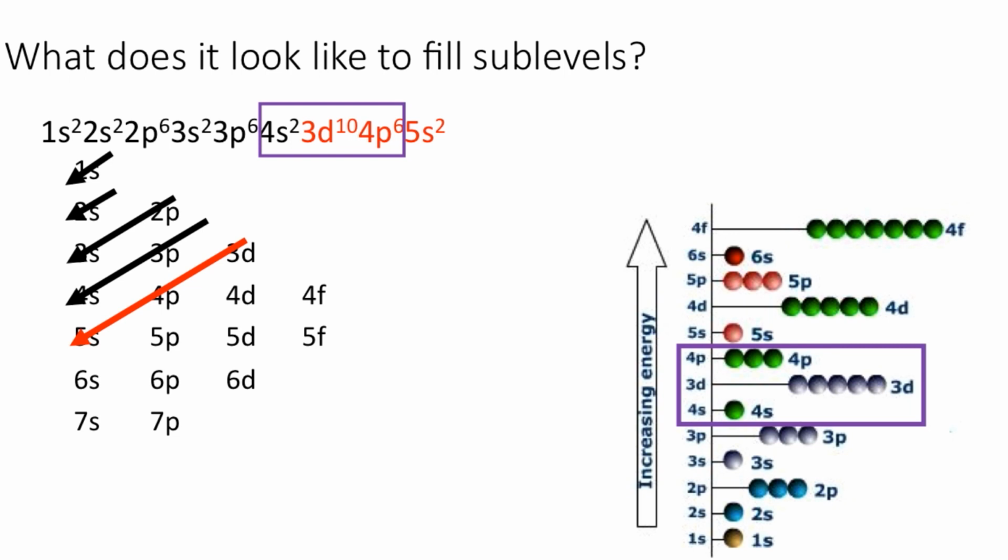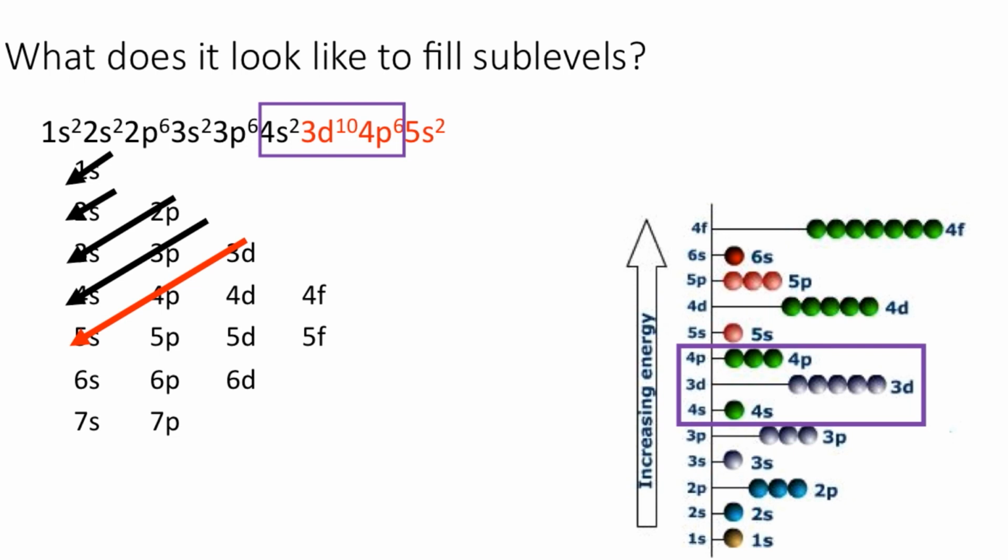This is largely due to the fact that electrons repel each other, and so having that many electrons is going to have more repulsion, so a little bit of higher energy. Therefore, what's going to happen is it's actually going to fill in between the two. In fact, every D sublevel fills after the S sublevel that is 1 energy level higher.